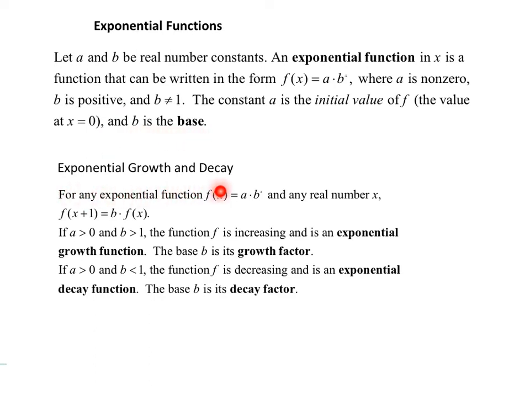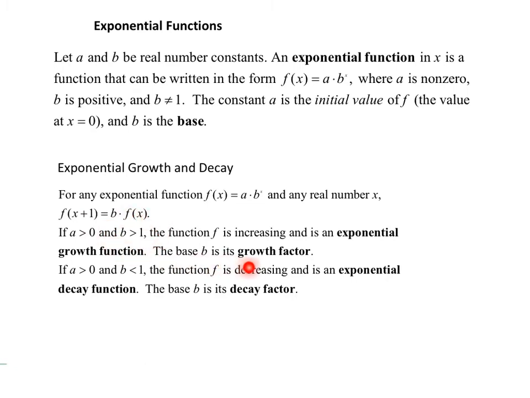Exponential growth and decay. For any exponential function f of x equals a times b to the x, for any real number x, f of x plus 1 equals the base times the function. If a is greater than 0 and b is greater than 1, the function f is increasing and is exponential growth. So when a is greater than 0 and b is greater than 1, it's a growth function.